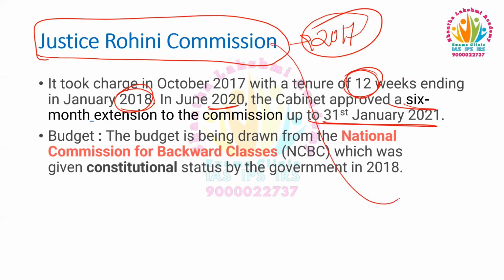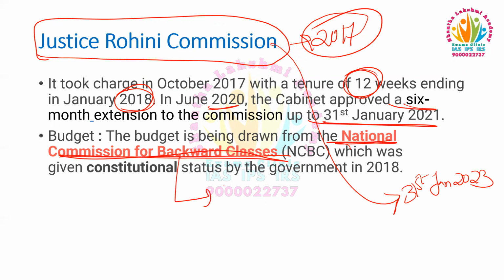And now its tenure has been extended again, that is till 31st January 2023. And this commission draws its budget from the National Commission for Backward Classes, which is a constitutional body.